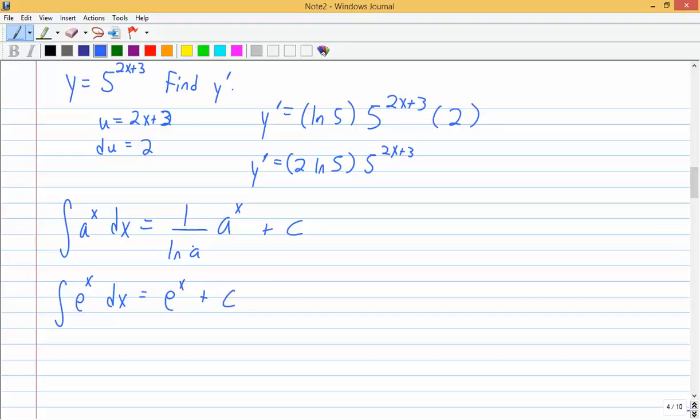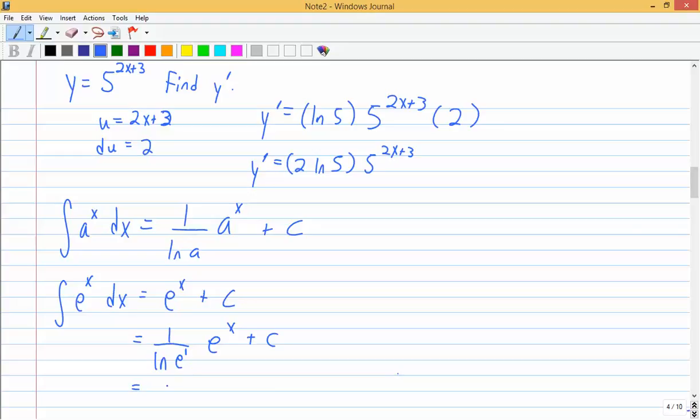You could even think about this integral as having 1 over natural log of e in front of e to the x plus c, just to relate it to what we already know. Because what is natural log of e equal to? Natural log of e, remember those are inverses, the answer is the power.